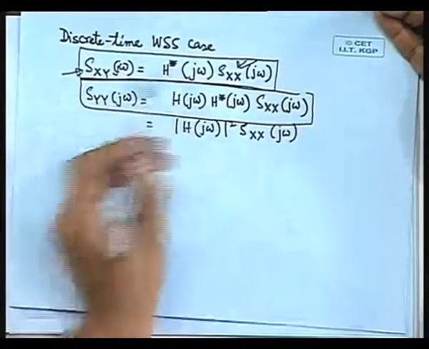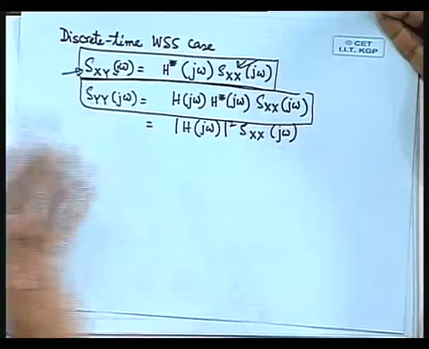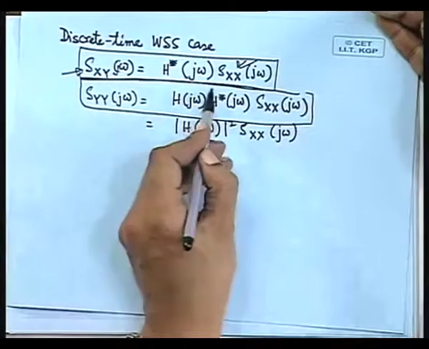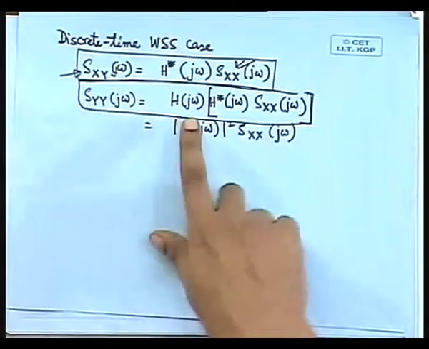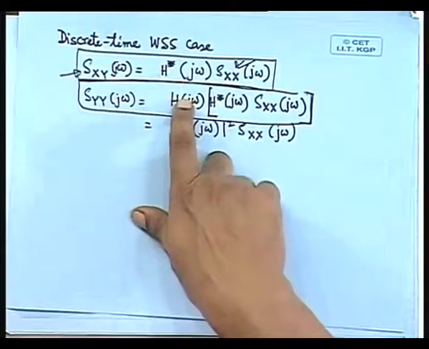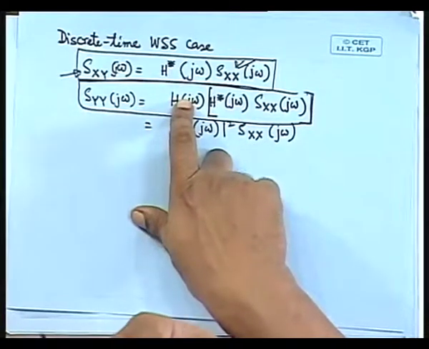So that's how you get Sxy(jω) is h star times Sxx, and then Syy(jω) by the same formula will be now h(jω) into Sxy(jω), because now you are transforming the first argument, so it will become h. It will not be h star, because now you don't have h of minus m, you have h of m.